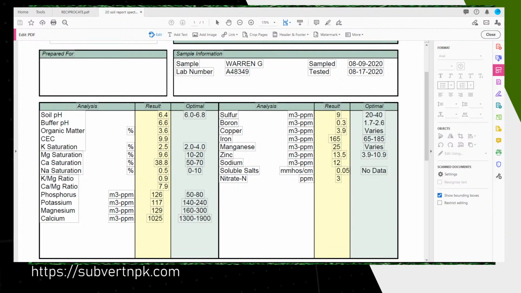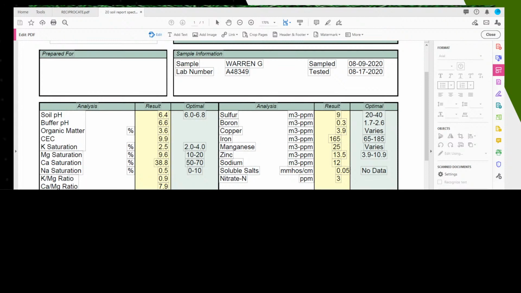So for instance, with phosphorus here, we had 126 parts per million Mehlich 3 phosphorus. We had 117 parts per million Mehlich 3 potassium. We had 1,025 parts per million of calcium and 129 parts per million of magnesium, 9 parts per million of sulfur, 165 parts per million of iron, and 25 parts per million of manganese.